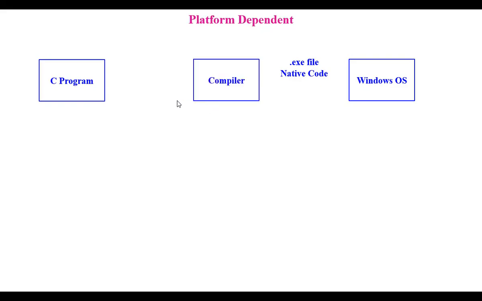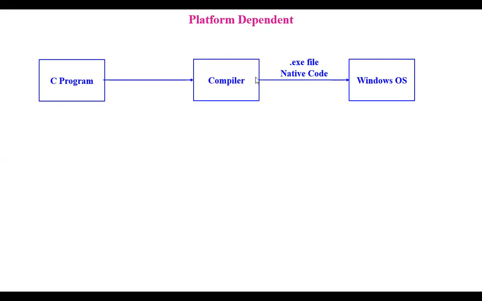The compiler takes the instructions in the C program and converts them into machine-understandable code in .exe mode. This code is understood by the Windows operating system, and it gives the required output.